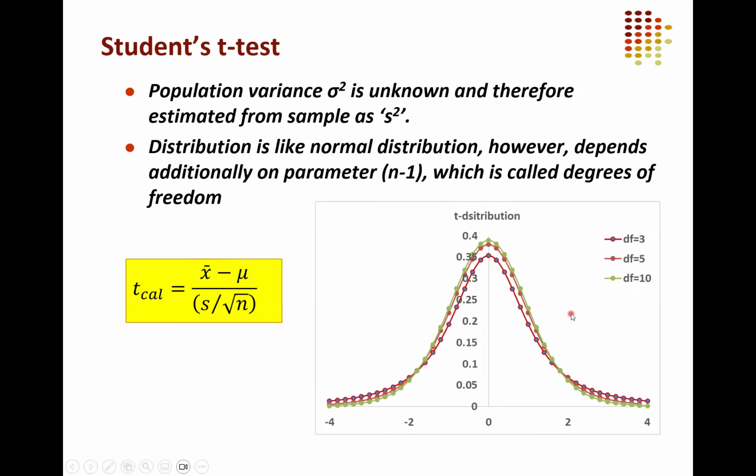And as the degrees of freedom increase, the peak becomes higher and the tails become lighter and lighter, and it approaches the normal distribution. And it is said that as the sample size increases above 20, we can assume the sample variance is equal to the population variance, and the calculations can be done with the normal distribution table.